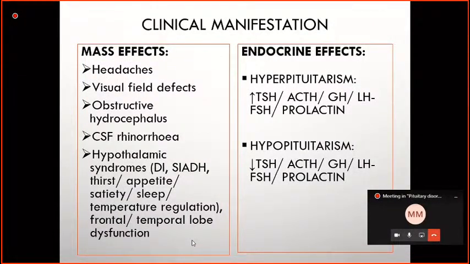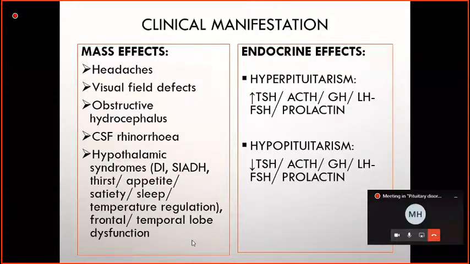So what kind of visual field defects would you get when there's compression of the optic chiasm? Bitemporal hemianopia. What does that mean? Is it tunnel vision? Not tunnel vision. Partial blindness.